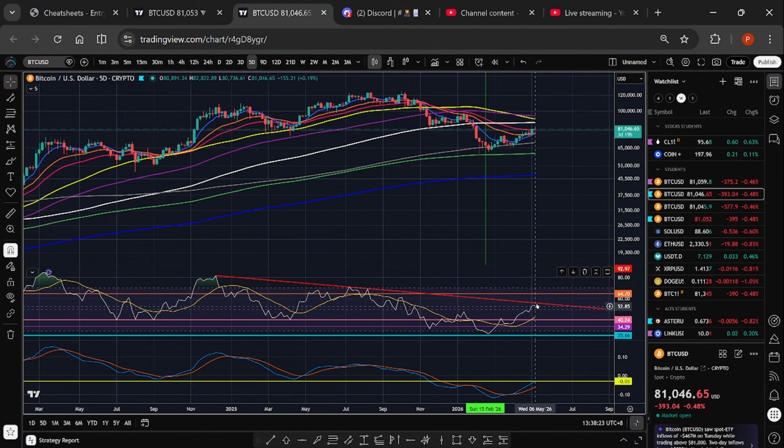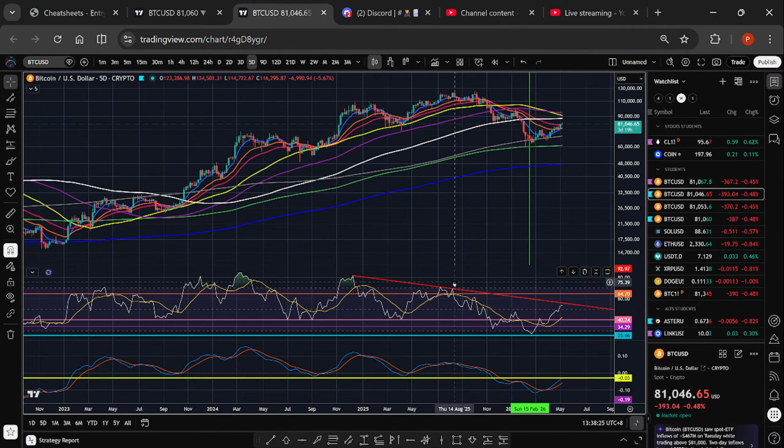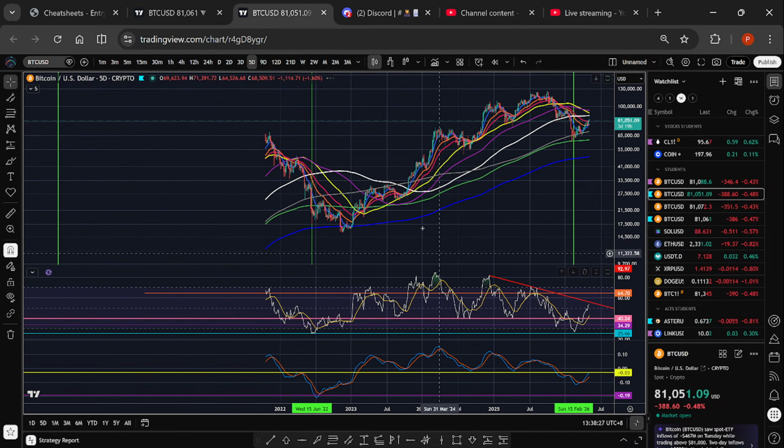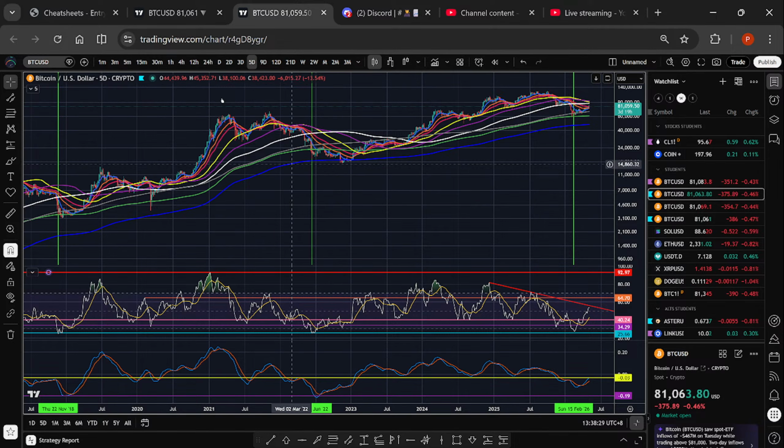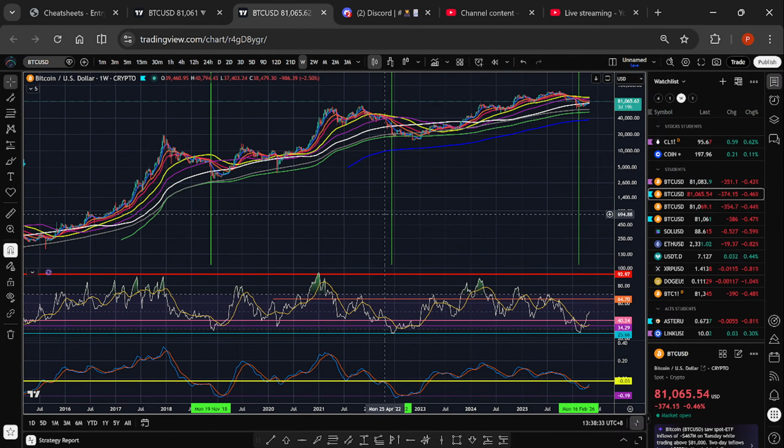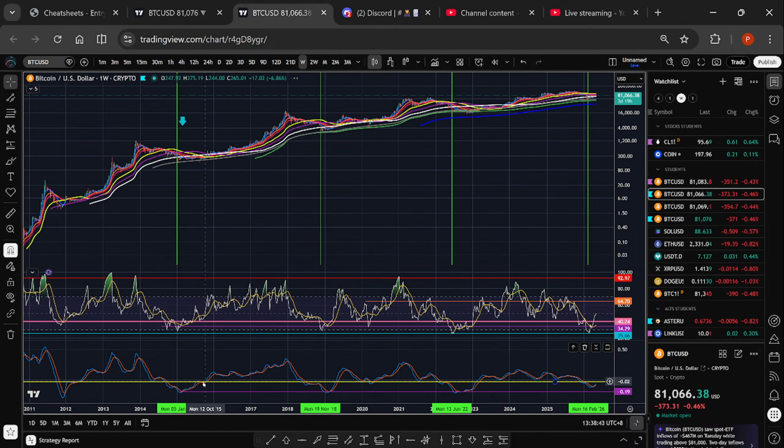So we can see here, like I said, and then also down below, it hasn't fully confirmed bull mode on the LMACD, as you can see.